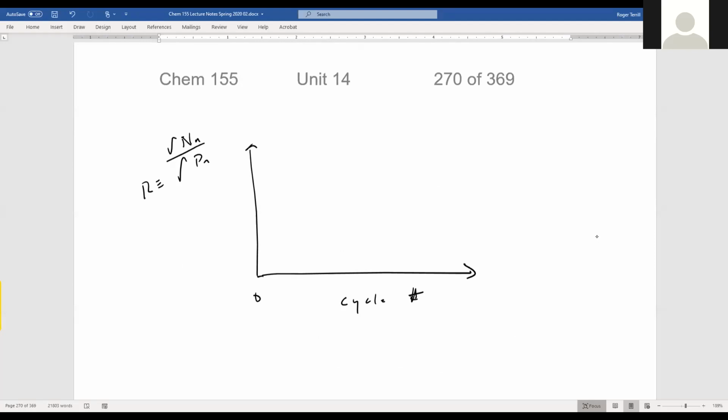So you've got 0, and this point isn't defined, and then you've got 1, 2, and 3.